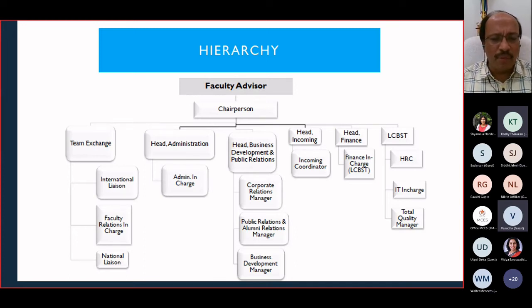To give you an idea, we recruit students for this organization in the first year. As local committee members, they enter. You may be surprised to note that approximately 750 to 800 students are interested in joining this organization in first year itself.